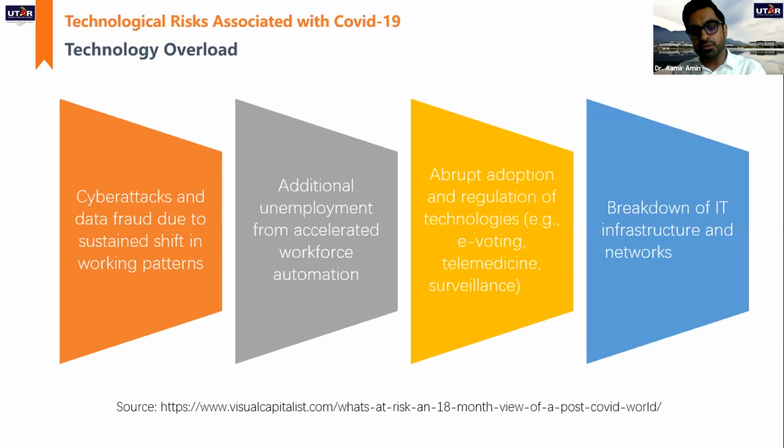The second biggest risk, which according to some social science experts might be one of the most devastating in terms of social change or disruption, is additional unemployment from accelerated workforce automation. AI technologies and workforce automation will bring in a lot of unemployment.